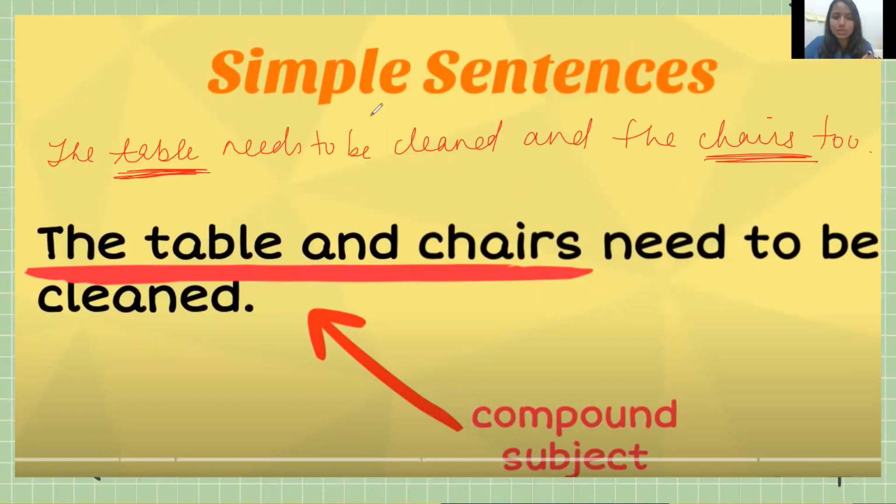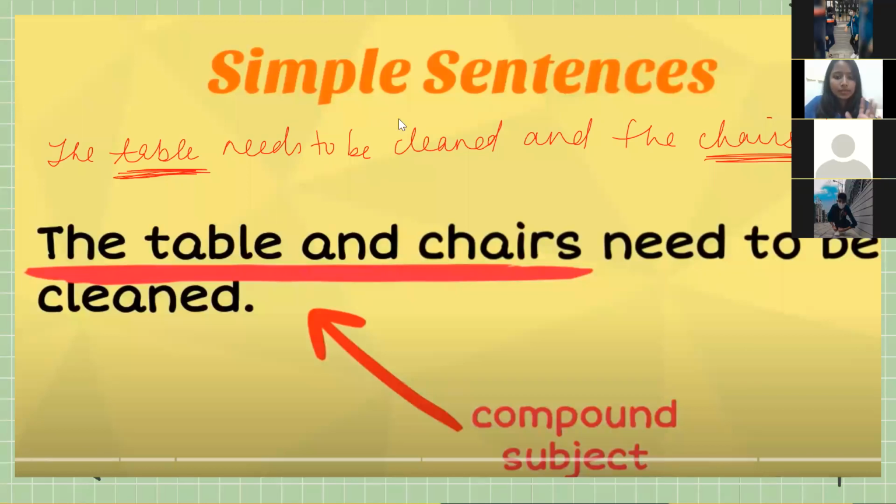So these are two subjects here. Okay, this whole sentence is talking about tables and chairs because both of them need to be cleaned, but the subjects are separate. Okay, so this is not a simple sentence, but yahan pe tables and chairs are written together, so it is a simple sentence. Is this much clear to you?